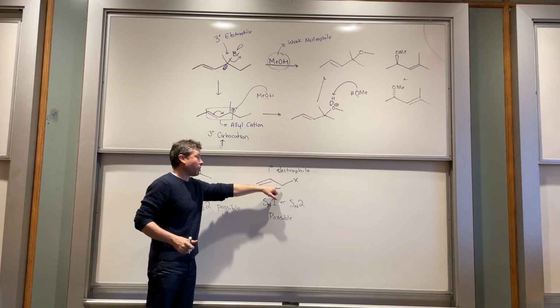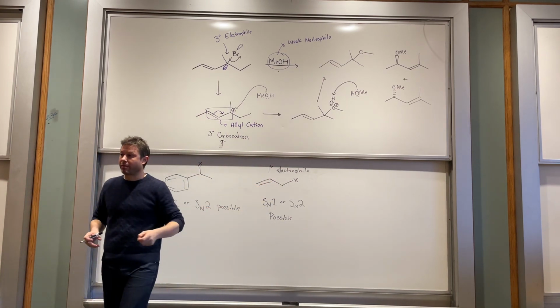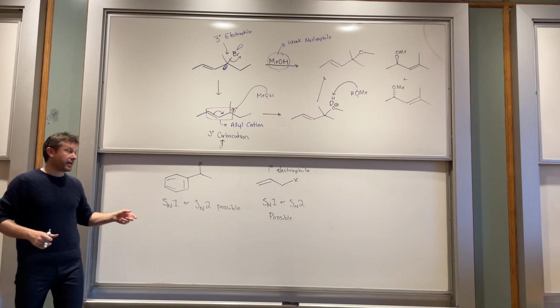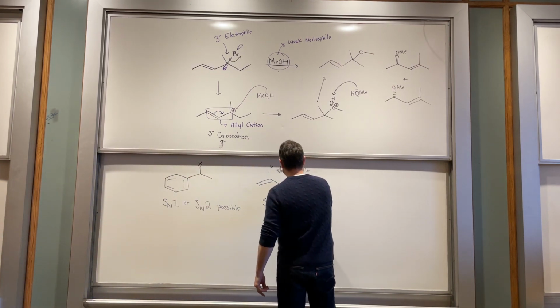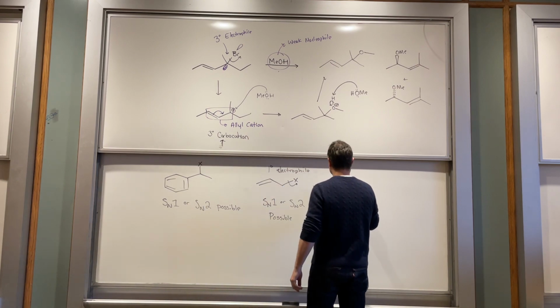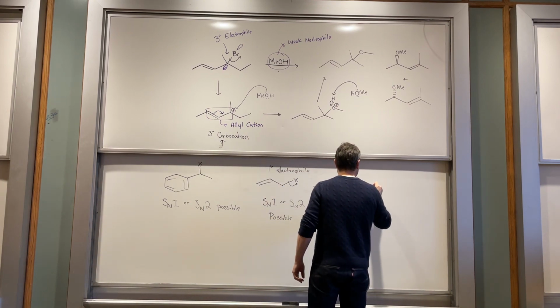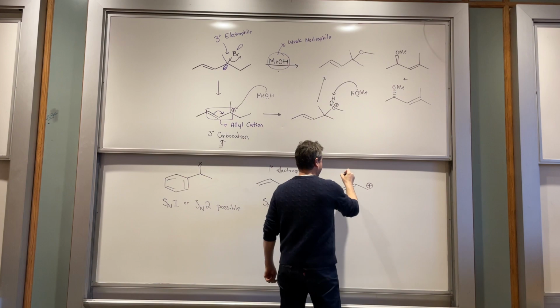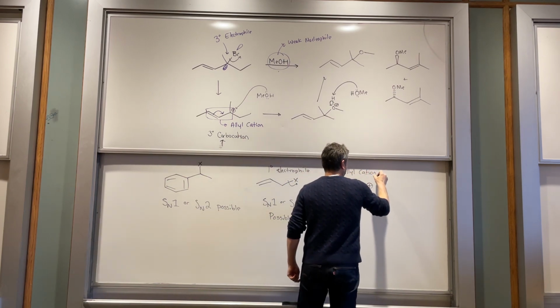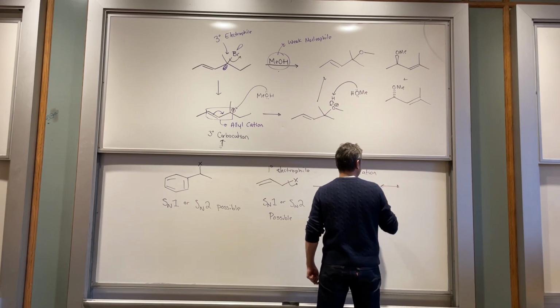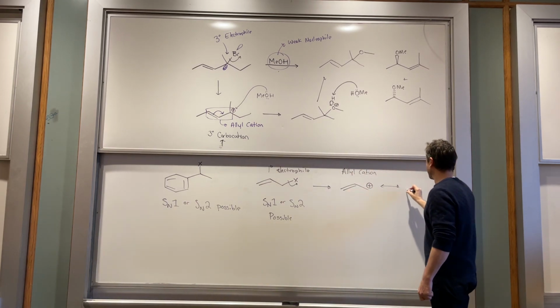Unless you have some other way of stabilizing that primary carbocation, in this case, just through resonance, right? So mechanistically, again, if you lose the leaving group, we'll form the allyl cation, which is stabilized just because of pi electrons being in conjugation with the empty orbital.